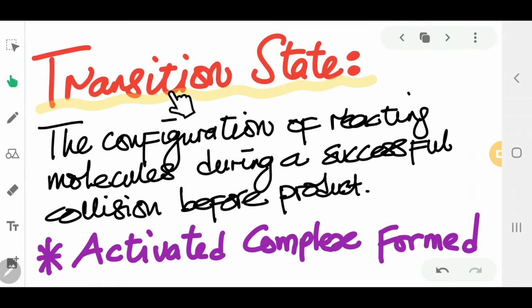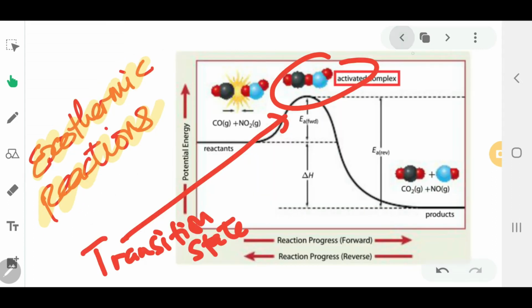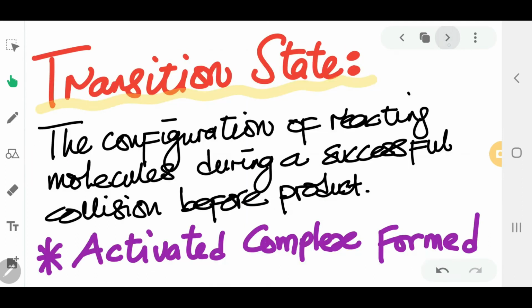So, transition state is defined as the configuration of the reacting molecules. You have the reacting molecules over here. We're just going to take the example of endothermic reactions; the same goes for exothermic reactions. They will form a configuration at the transition state, which is the activated complex.